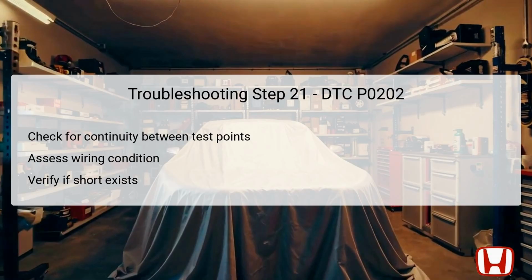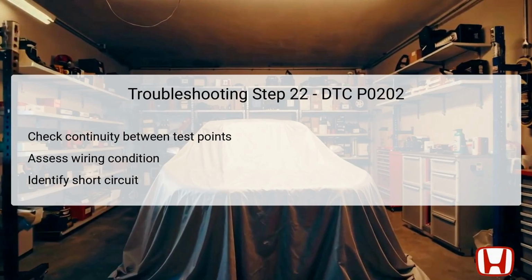If continuity is established between these points, it signifies that the connection is sound and functioning as expected. However, should no continuity be detected, it denotes a short circuit to ground that necessitates prompt attention to ensure the injector performs well.